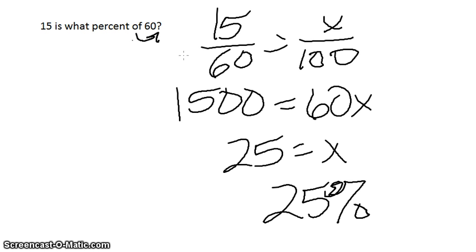One thing I want you to be careful of is thinking that the smaller number is always the part and the bigger number is always the whole. That's not always true, because you could have a question like, what number is 150% of 60? In a case like this, the word of comes in front of our whole, usually.